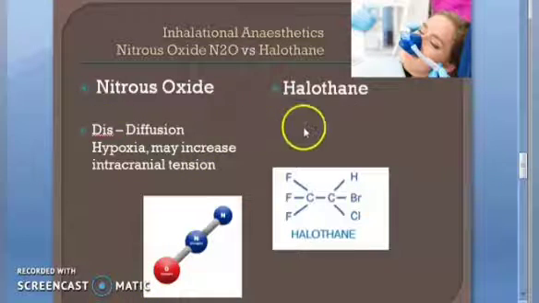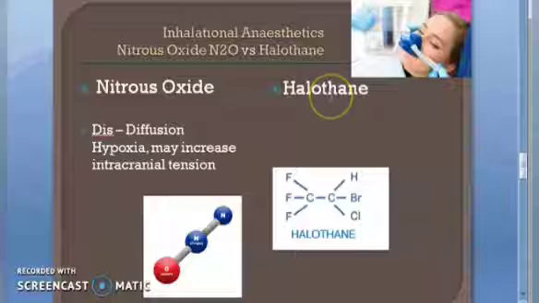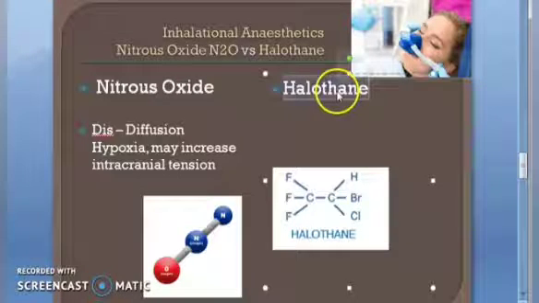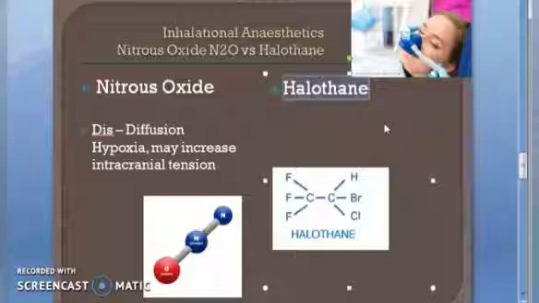Let's move on. This halothane sensitizes the myocardium to catecholamines. It may precipitate arrhythmias. So it is not that good like nitrous oxide. This halothane is expensive, but nitrous oxide was cheap. Halothane causes bronchodilation. Halothane is preferred in asthmatic patients.